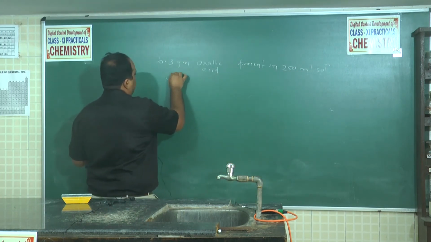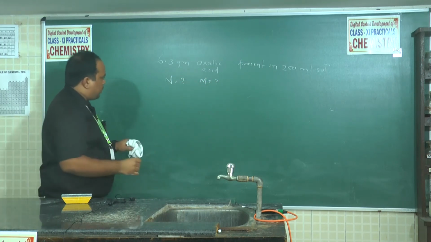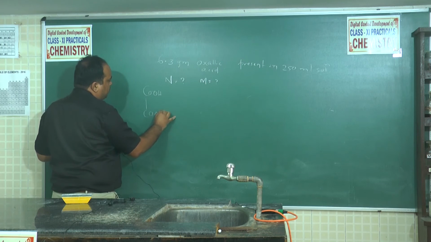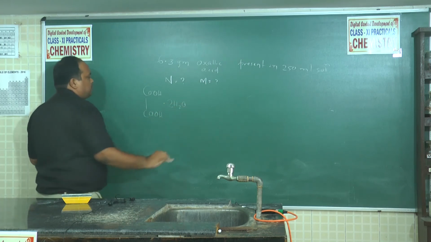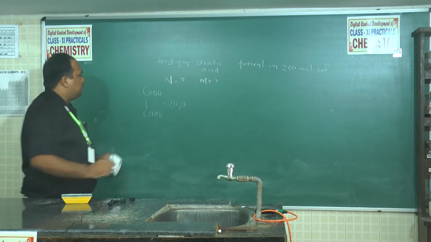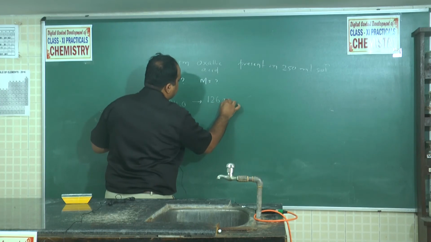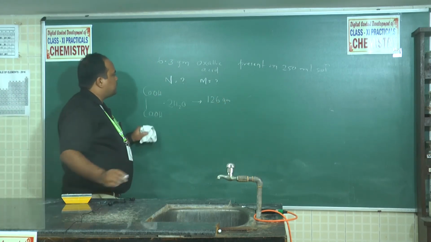What is its normality? What is its molarity? Here oxalic acid is taken in hydrate form, COOH dot 2H2O. This is the formula of oxalic acid. If you calculate all the mass, you get 126 gram. It is the molar mass of oxalic acid.